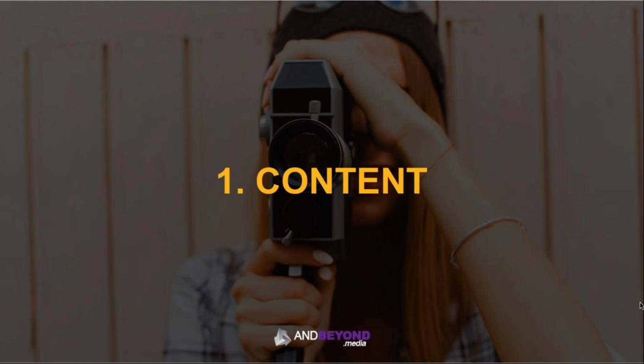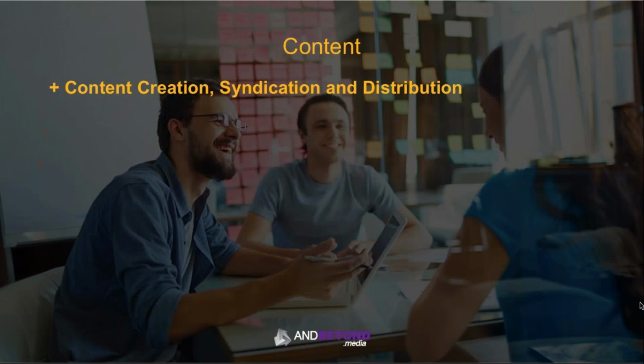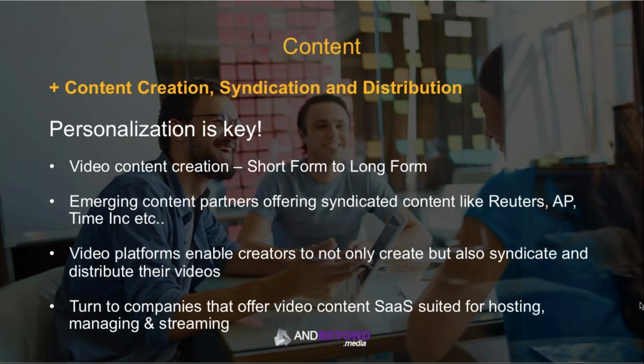Let's start with the content. Content creation, syndication, and distribution. Personalization is the key. Video content creation is done in multiple ways. Short form to long form. Examples of short form are the 30-second viral videos, or let's say someone shoots something on a mobile phone.